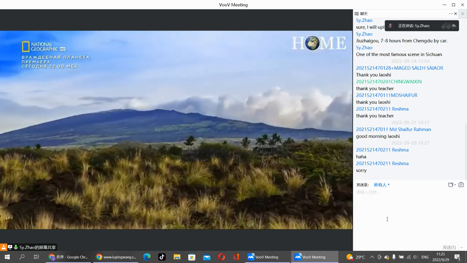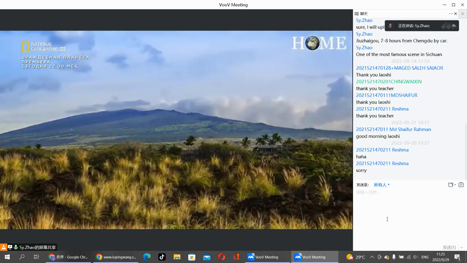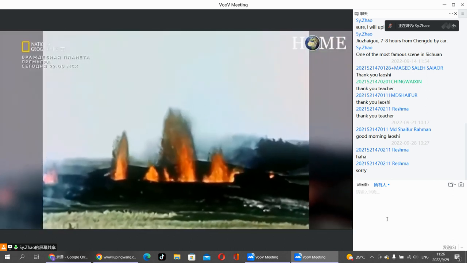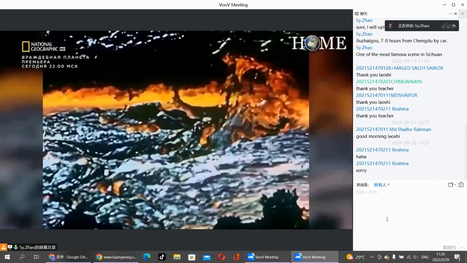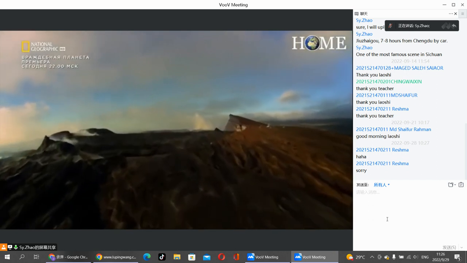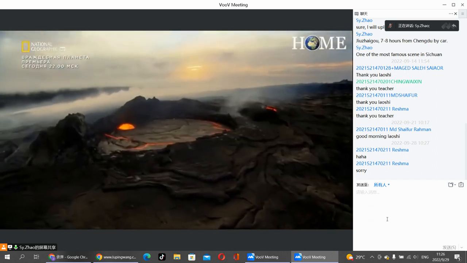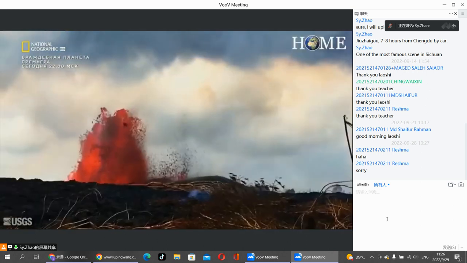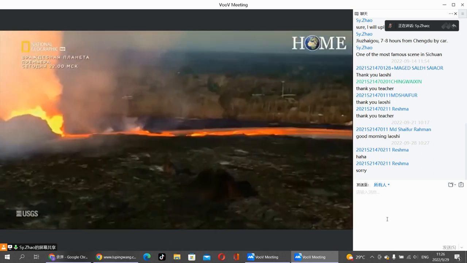Although it's been quiet since 1984, it's an active volcano with 33 eruptions in the past 175 years. In contrast, its neighbor, Kilauea, has been disturbing the peace for more than 35 years. And in 2018, it became extremely violent.